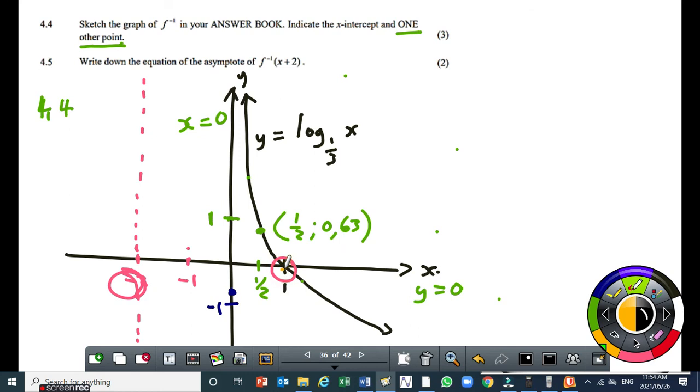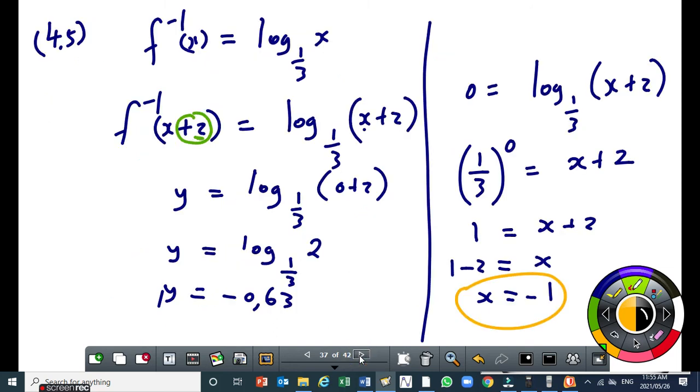The y-axis is to the left of this point. Am I right? After the horizontal shift, the x-intercept will be here, which means the new vertical asymptote will be to the left of minus 1. And that point is going to be somewhere here, or rather it will be at x equal to minus 2.